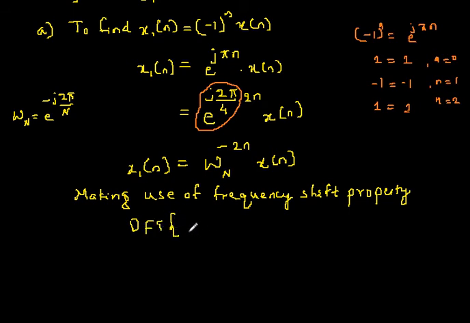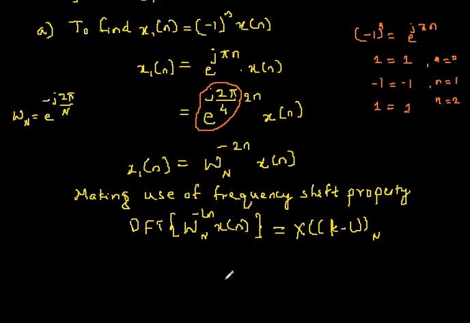The property says that DFT of Wn to the power minus ln x of n is equal to X of k minus l. Is that okay? Now you compare. In place of Wn we have minus ln, we have minus 2n, x of n. So l must be 2. Just compare them. So l must be 2.